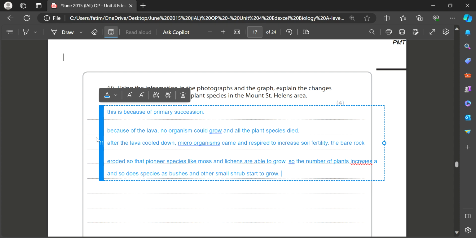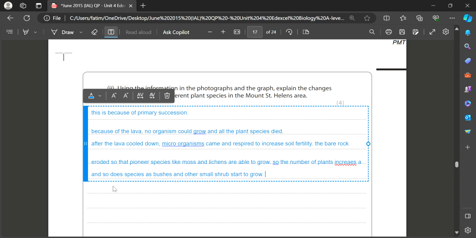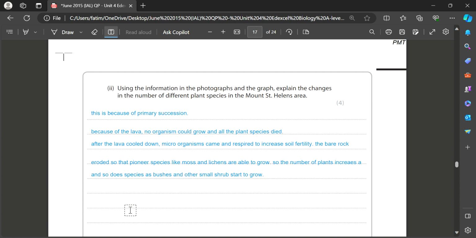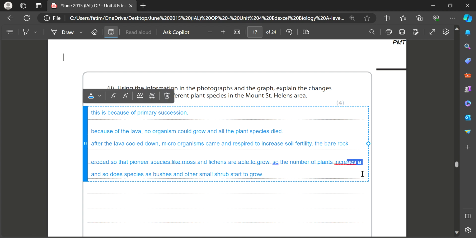There. Okay, there we are. I spelled increases wrong. Increases. Excuse me.